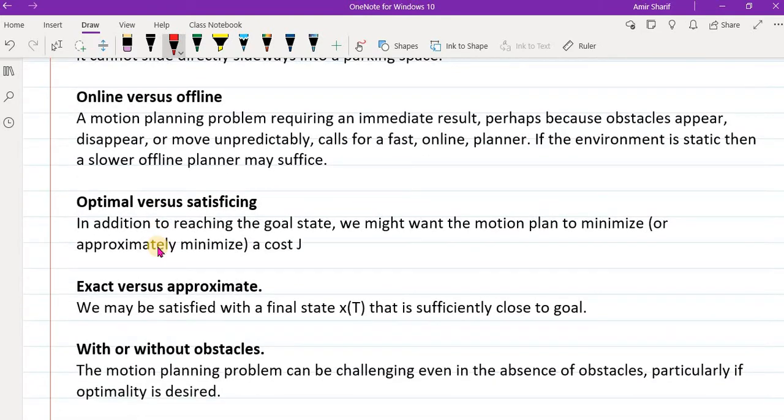Another type of motion planning problem is optimal versus satisficing problems. In addition to reaching the goal state, we might want the motion plan to minimize or maximize something.